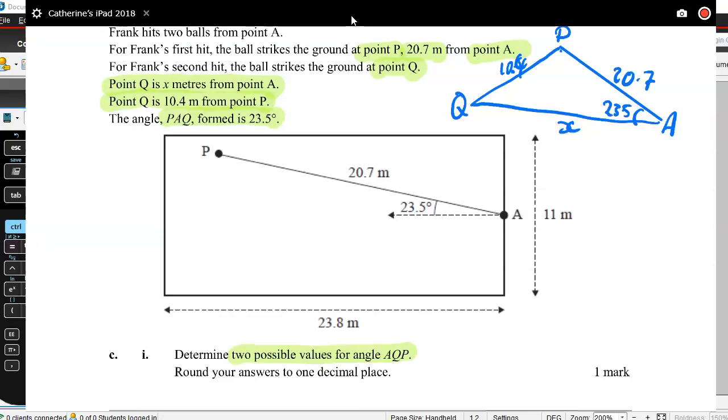Or it could have been, sorry, I've drawn that very badly, PAQ.